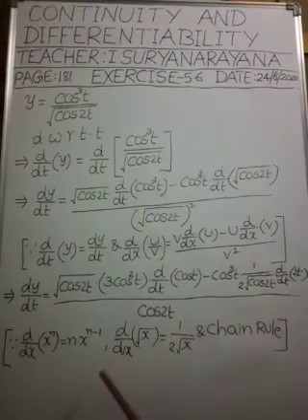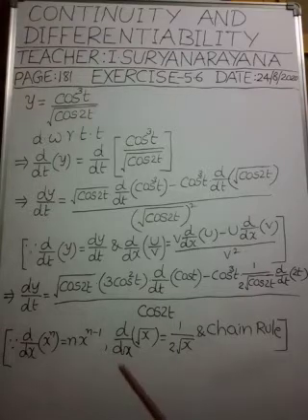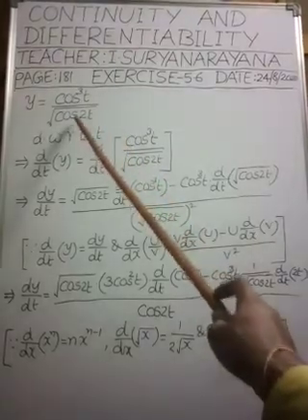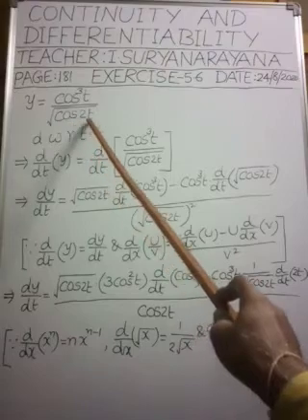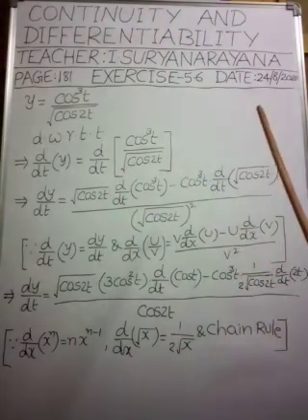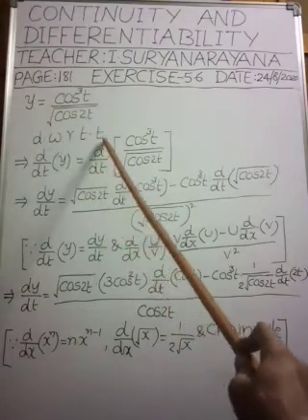We have found dx by dt. Similarly, we have to find dy by dt. Okay, my children? So I have taken the second equation, that is y is equal to cos cube t by root cos 2t. What is the parameter here? t. So we are differentiating with respect to t.